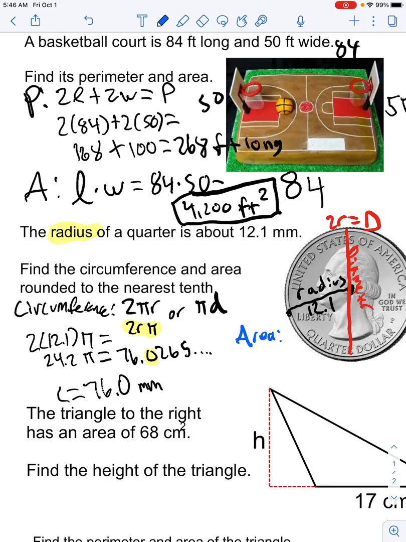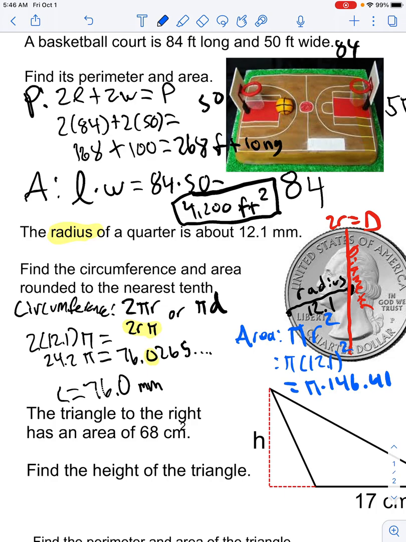Your formula for area is pi times the radius squared. I know what my radius is, so I'm going to say 12.1 squared. So 12.1 times 12.1 gives me 146.41. And I still have to multiply that by pi.